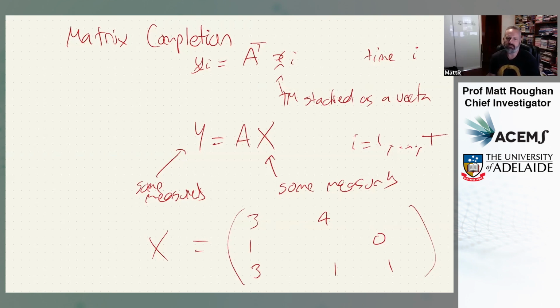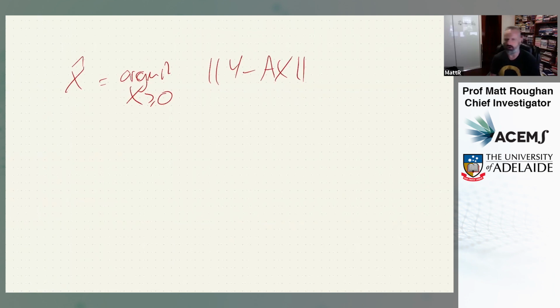Again, we're going to use the same sort of regularization framework. So we're going to end up with something like x hat equals arg min over x greater than or equal to 0 of some sort of norm of difference between these two. And again, we might have some sort of regularization term. I'm not going to write down what that is at the moment because it's so problem dependent.